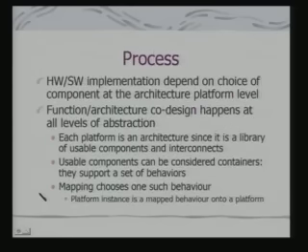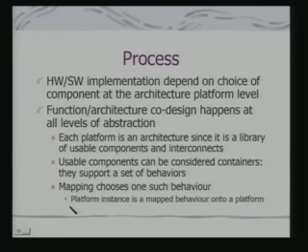In fact, hardware software implementation depends on choice of component at the architecture platform level, and function or architecture co-design happens at all levels of abstraction, because each platform is an architecture, since it is a library of usable components and interconnects. And usable components can be considered as containers, and they support a set of behaviors. And mapping chooses one such behavior.